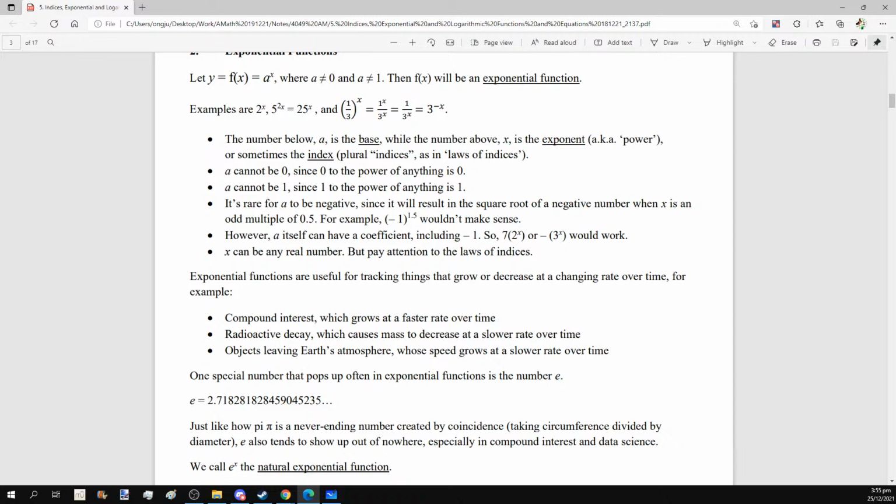So for exponential functions, the key thing to understand about how they work is we need to first recognize what the word exponential by itself implies. So in this case, we need to know that exponential is always a drama queen, right?